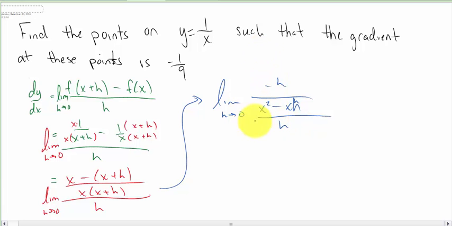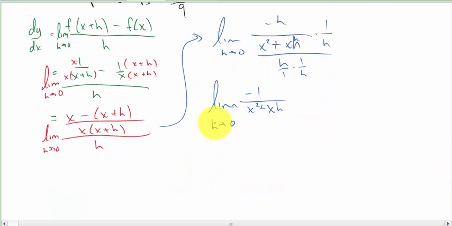So remember, dividing by h is really the same thing as multiplying by 1 over h. We have the limit, h goes to 0 of negative 1 over x squared plus xh. So now we take the limit.